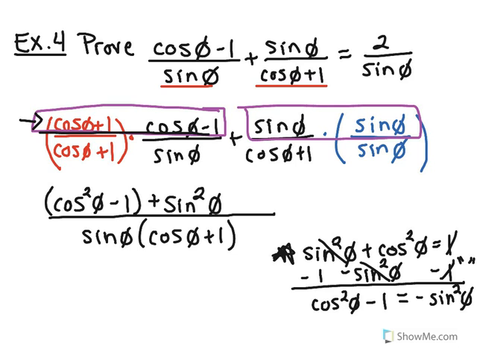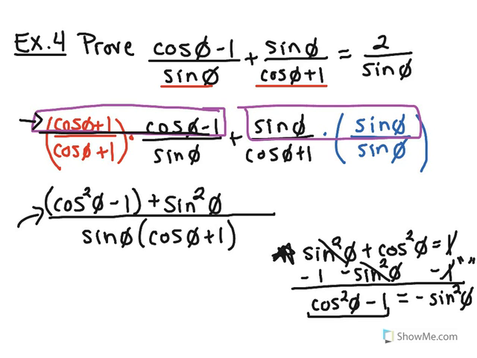So look up here at the numerator, and you see that this looks exactly like how this looks, and it is equal to negative sine squared phi.